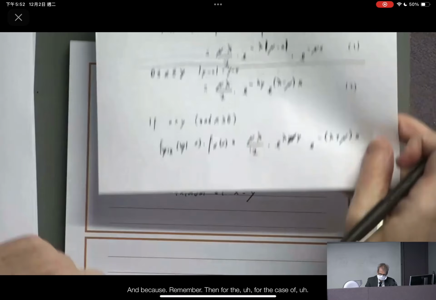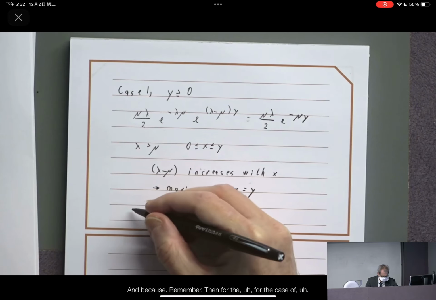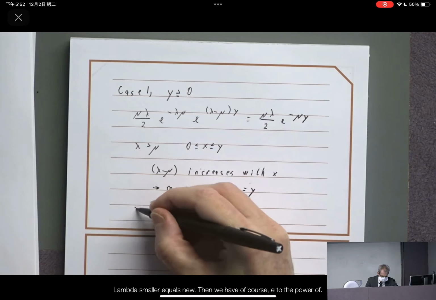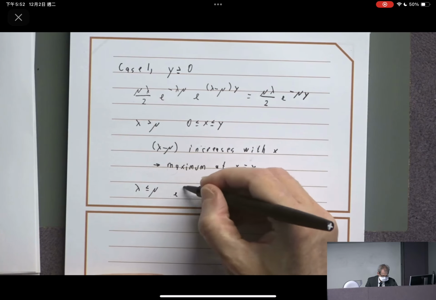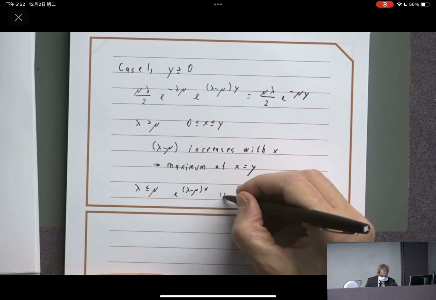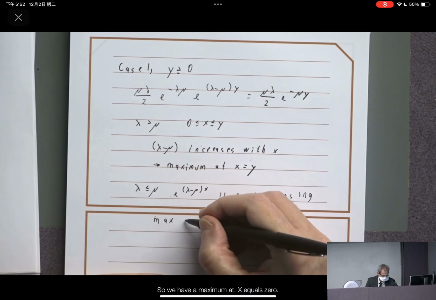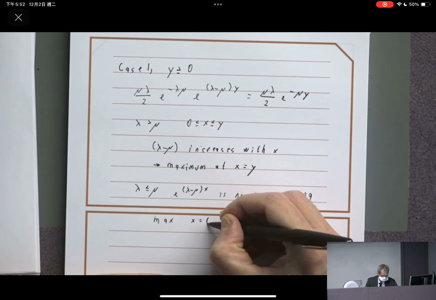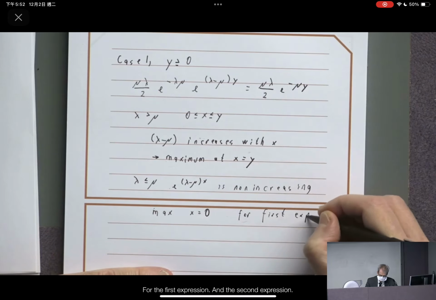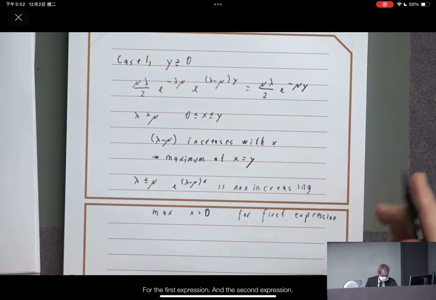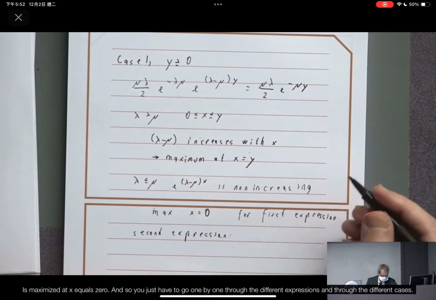And for the case of lambda smaller equal mu, then we have, of course, e to the power of lambda minus mu x is non-increasing. So we have a maximum at x equals 0 for the first expression. And the second expression is maximized at x equals 0.